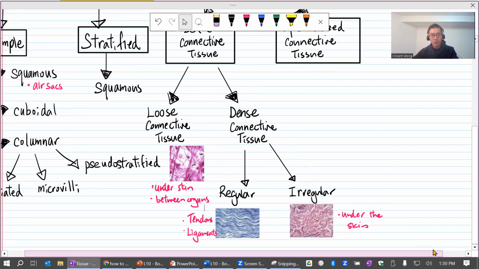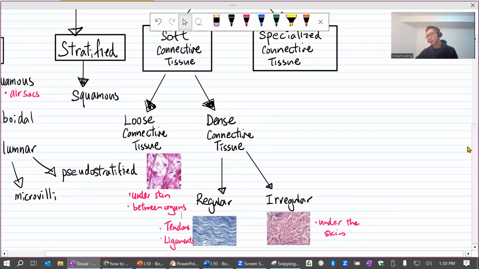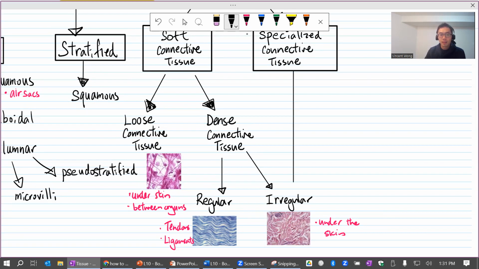Are we okay? Any questions? We're doing the same thing as in the PowerPoint slides, but organizing it in a chart.